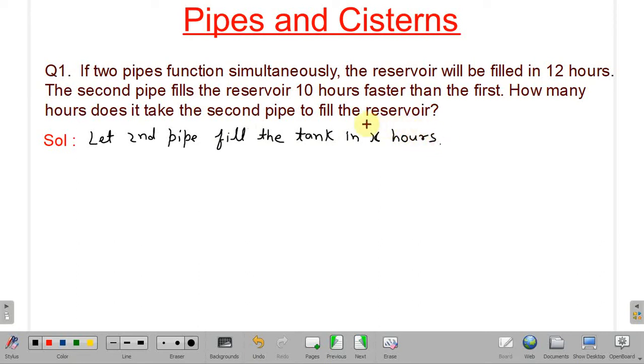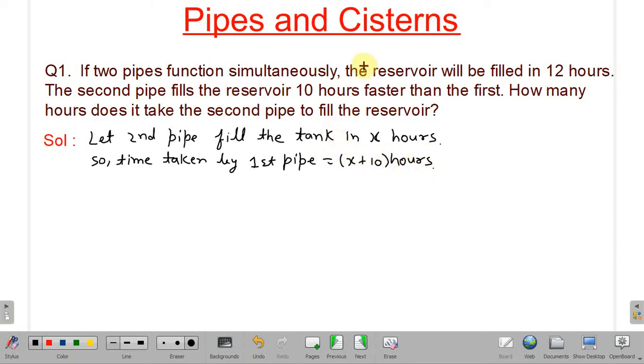As we know that the second pipe is 10 hours faster than the first, the time taken by the first pipe will be X plus 10 hours.